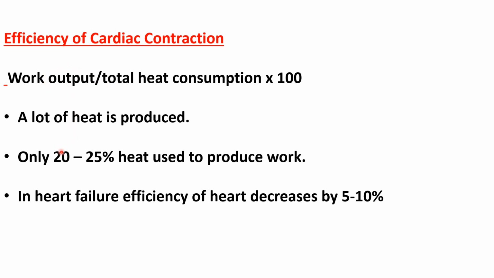So 20 to 25% of this heat that has been produced gives you work of the heart, and the rest is wasted. In heart failure, this efficiency of cardiac contraction decreases by 5 to 10%. So heart failure में आप जो एनर्जी जो वर्क प्रोड्यूस करेंगे, जो हीट प्रोड्यूस करेंगे, उसमें से सिर्फ 15 से 20% आपकी वर्क आउटपुट देगी.